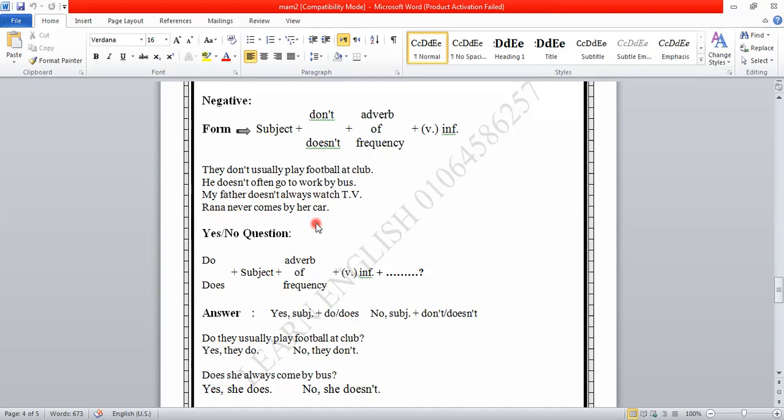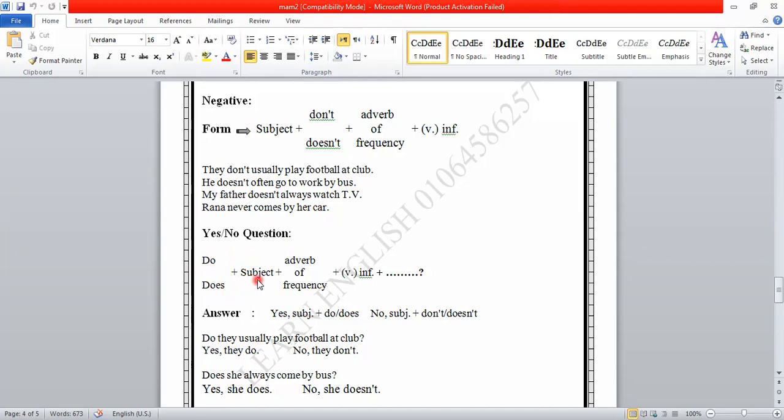The first one is the yes or no question, and we will talk about it now. At the first of the question, we put do or does. Do with the plural noun, and does with the singular noun. Please pay attention.